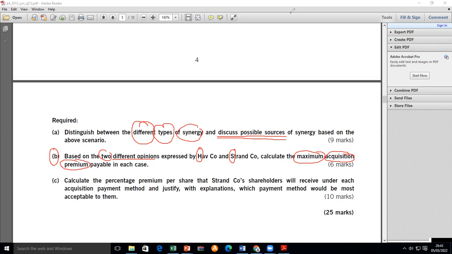Now I'm sure that is language you've come across before. Maximum acquisition premium.